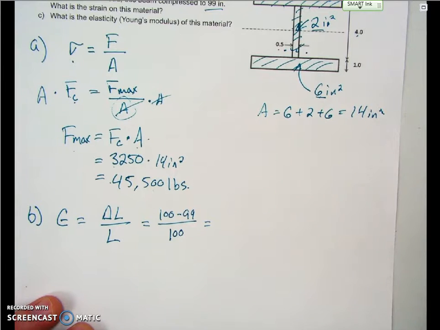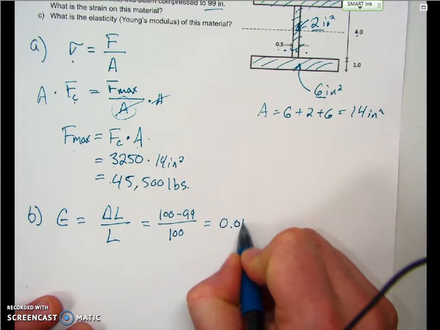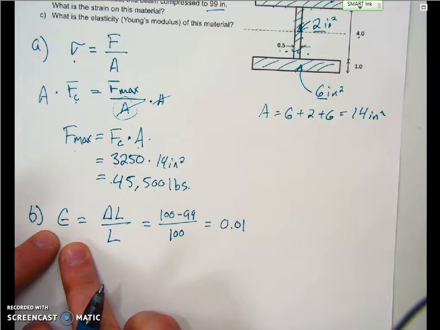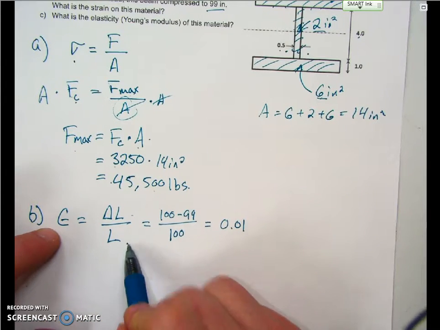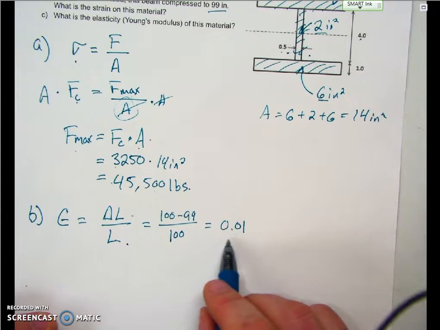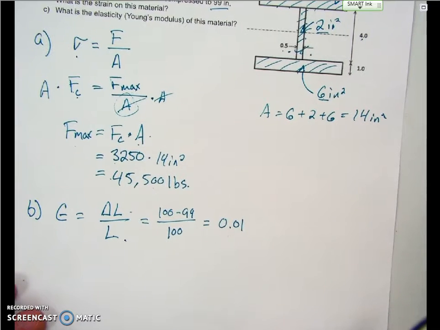And that's going to give me the strain on this material, which you can plug into your calculator, or that's a super easy thing to work out in your head. We get 0.01. Thinking about the units, this is length divided by length. There's not actually any units that go along with the strain. So 0.01 is the strain of my material.